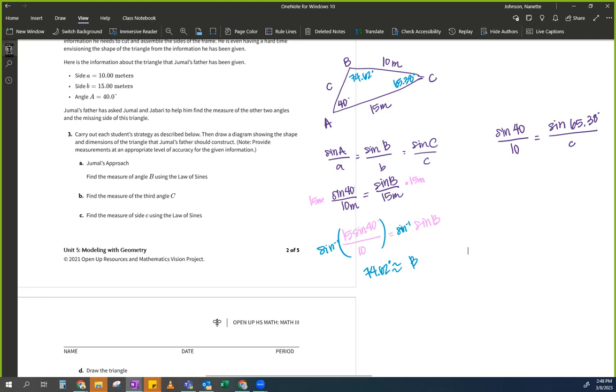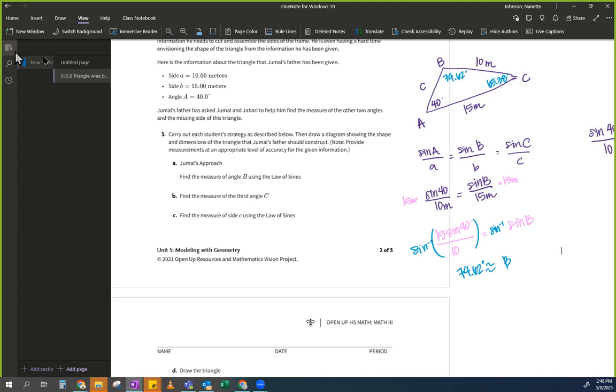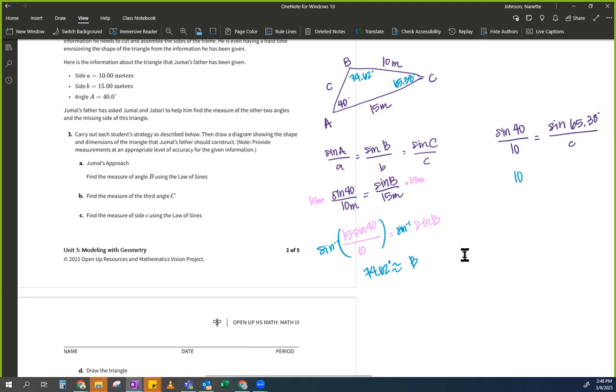So I just make this thing do a handstand. Hopefully it shows up pretty soon. There it goes. And now that C is on the top, I just put the bottom on the top and the top on the bottom. That's a legit equation. No worries. You're fine.